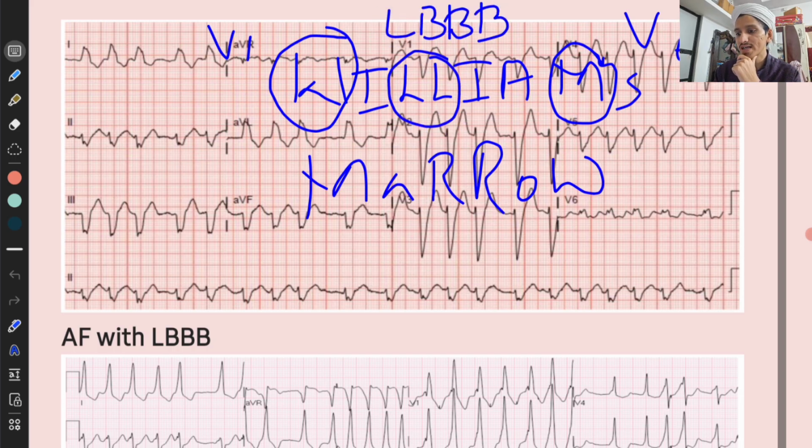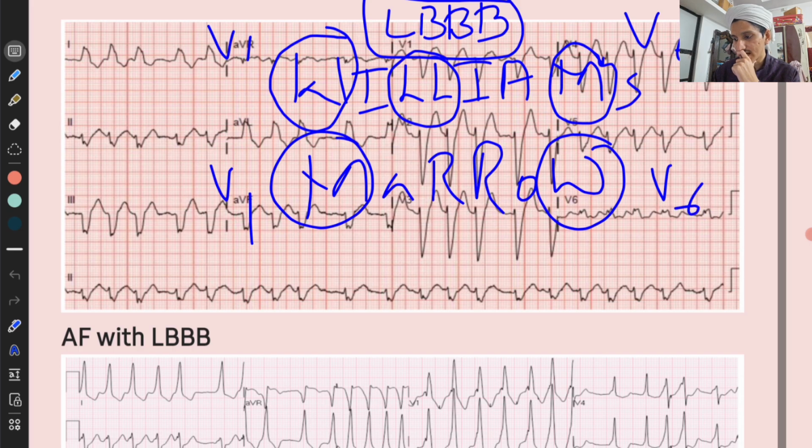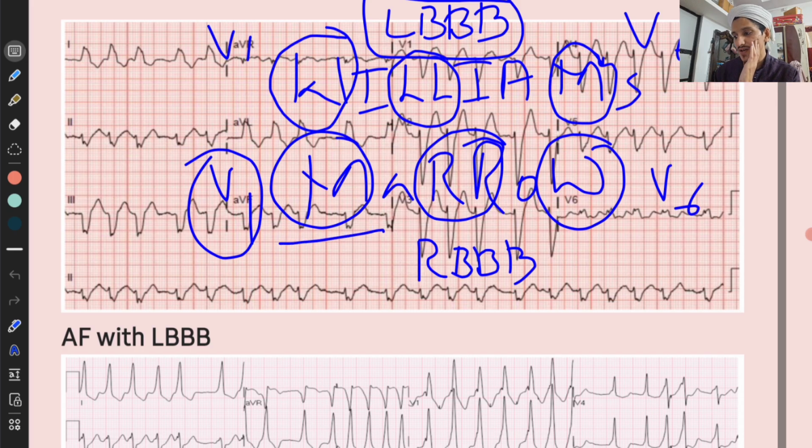In V1 you will see a W pattern of QRS complex, and in V6 you will see an M pattern, that means broad QRS complex. In LBBB, this is the mnemonic, Marrow. Again V1 and V6 for RBBB: in V1 you will see an M pattern of QRS complex, and in V6 you will see a W pattern, a widened QRS complex. So that is the mnemonic to remember LBBB and RBBB.